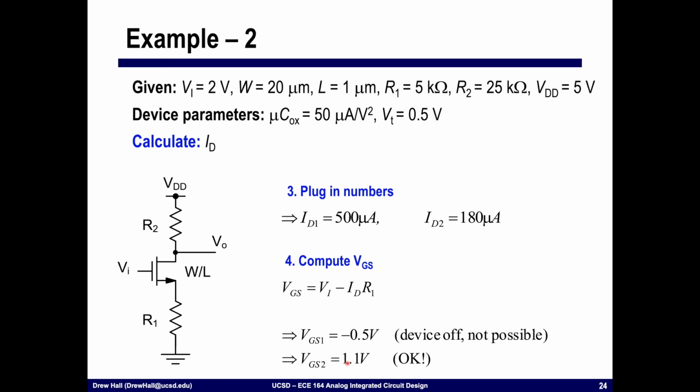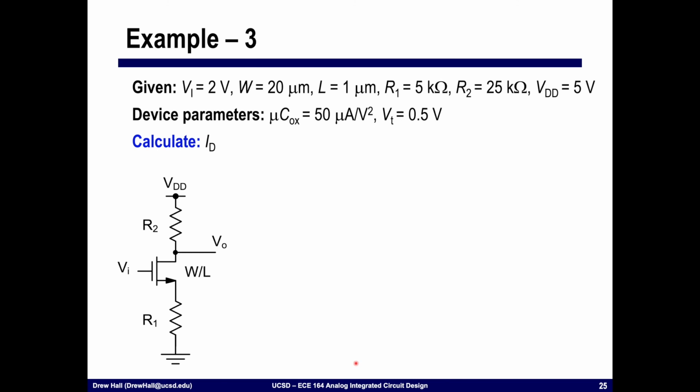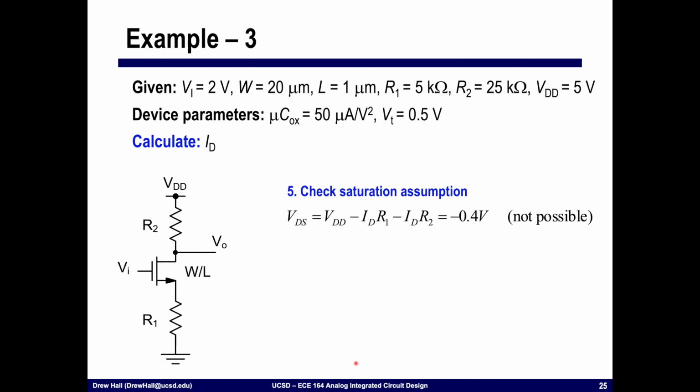Okay, so now let's go back and check our assumption that the device is in saturation. And so I compute VDS. VDS in this case is simply VDD minus the voltage drop across this resistor minus the voltage drop across this resistor. So this is ID times R1, and the second one is ID times R2.